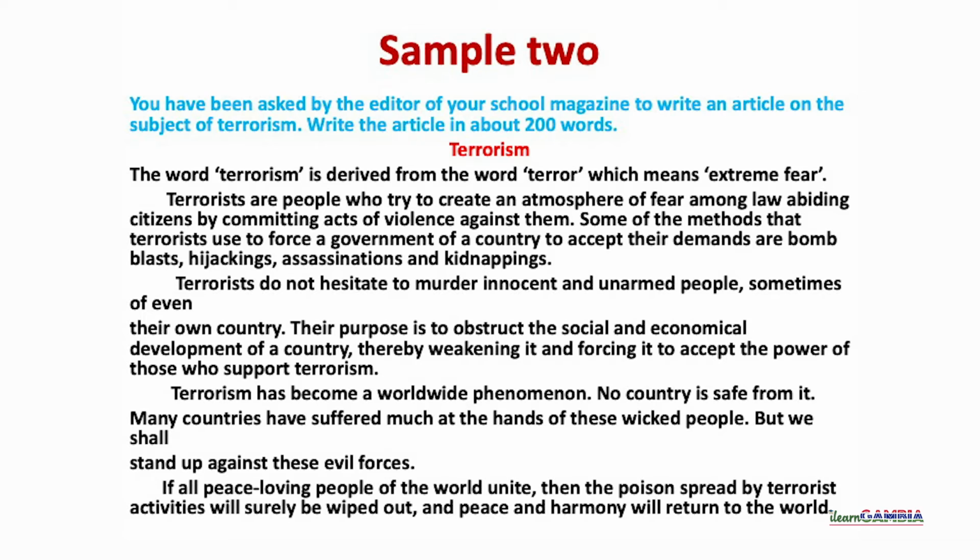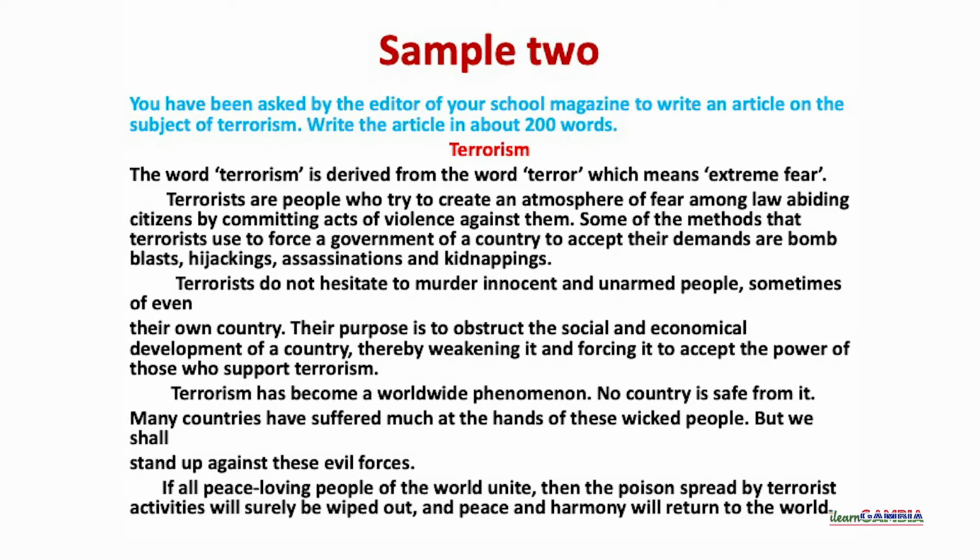Now that's the second paragraph in the body. Now we still move on. The third paragraph says, terrorism has become a worldwide phenomenon, that it is everywhere in the world. No country is safe from it. Many countries have suffered much at the hands of these wicked people, but we stand up against these evil forces.